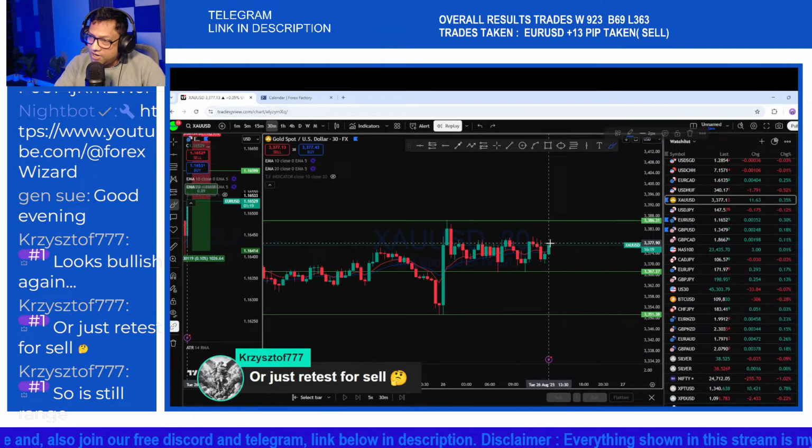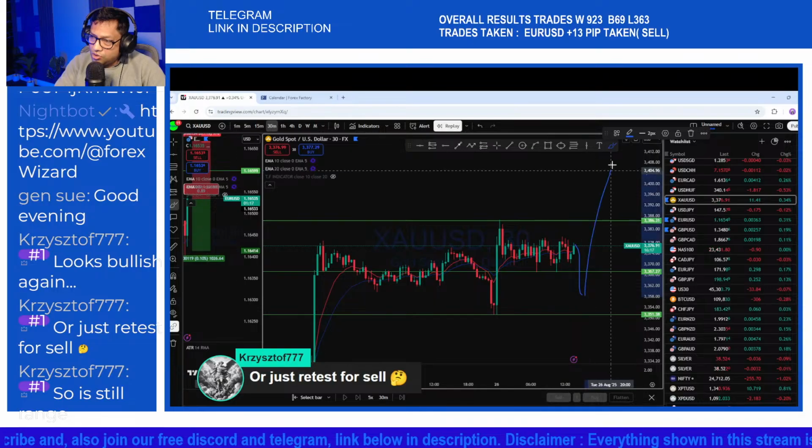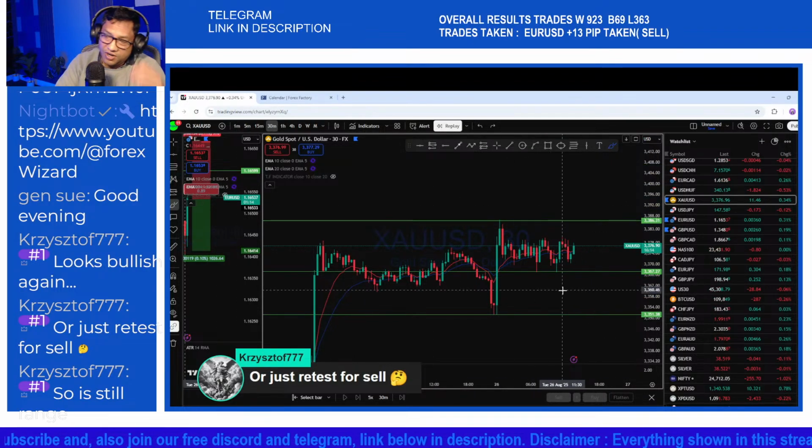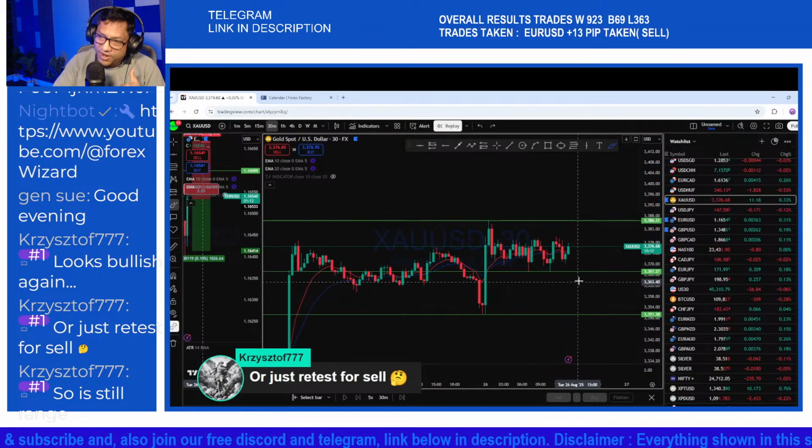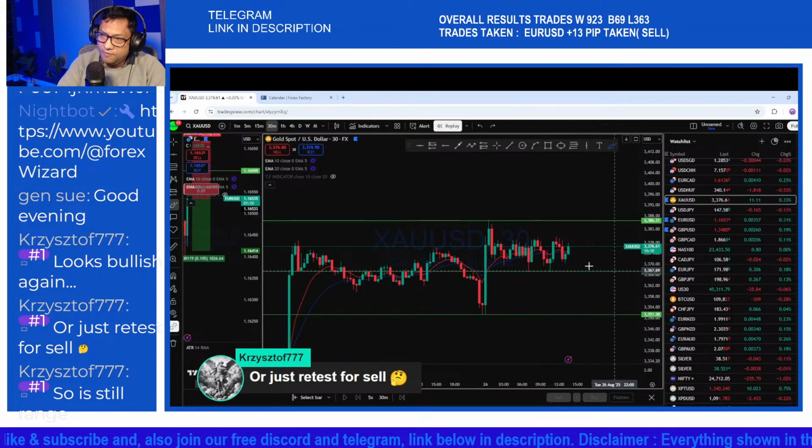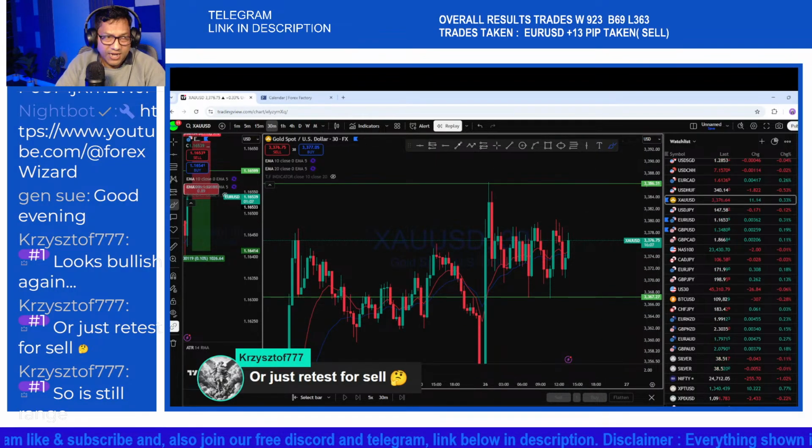But if from this range it drops down, it's also a good area to buy after it becomes overextended below, and then trends again.